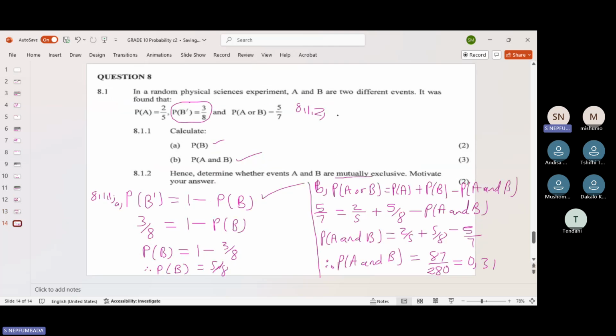So they are not mutually exclusive, because the probability of A and B equals 0.31. So we say not mutually exclusive, the reason being probability of A and B is not equal to 0.